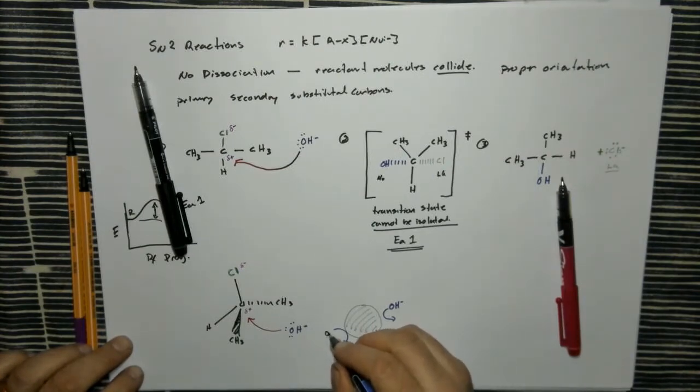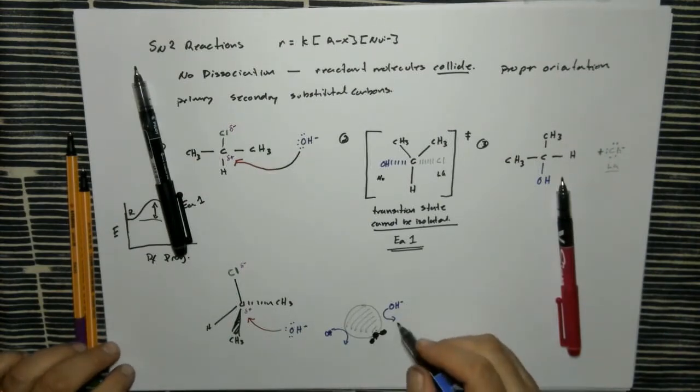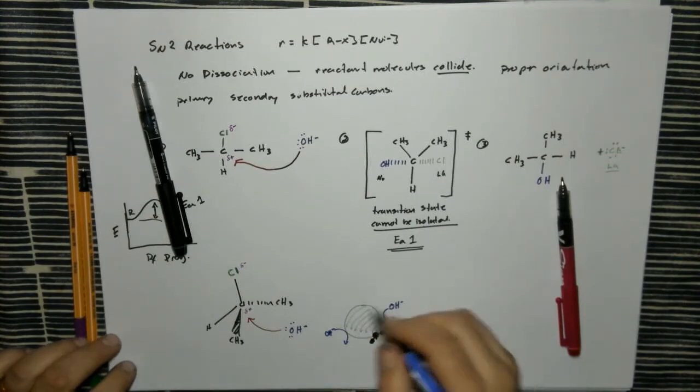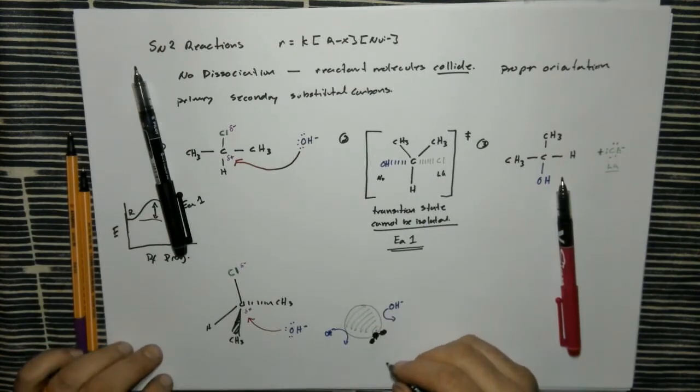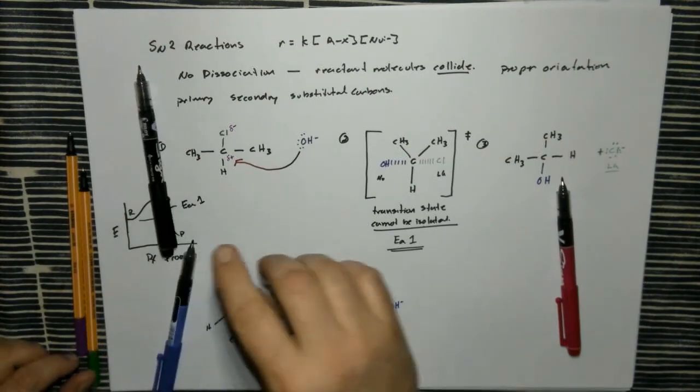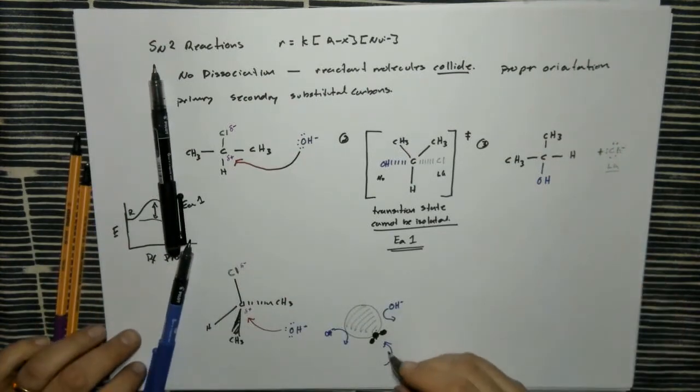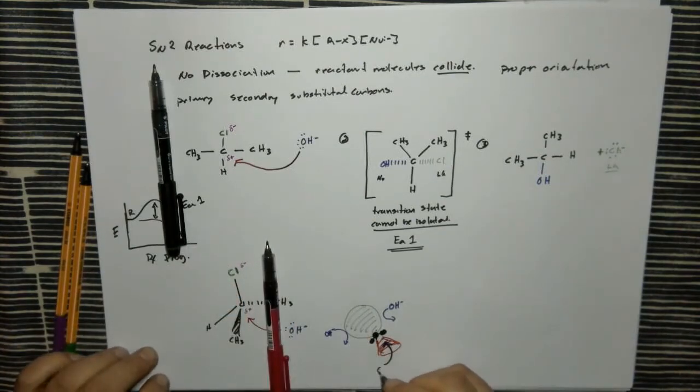And the chlorine obviously is not leaving by itself. So as long as that chlorine is attached to this, OH cannot approach from any other direction. It has to approach in through here, which is going to be like a cone. There's going to be a very limited space where these atoms can move in.